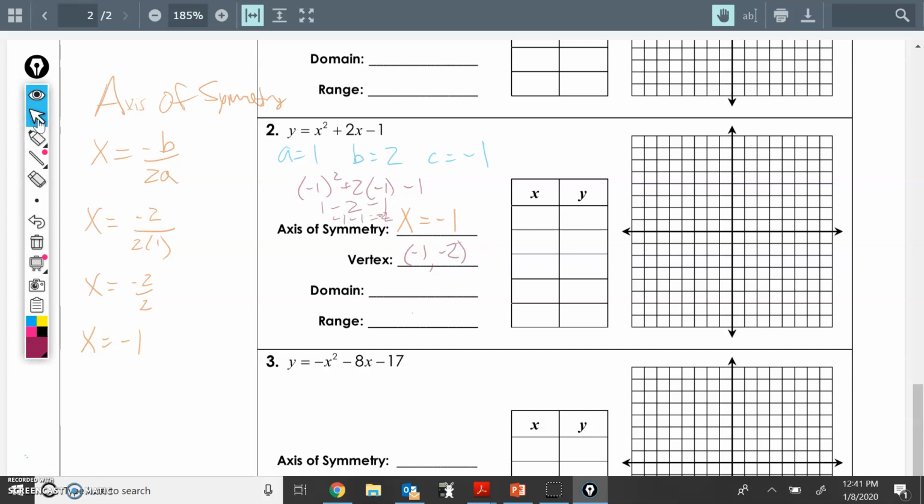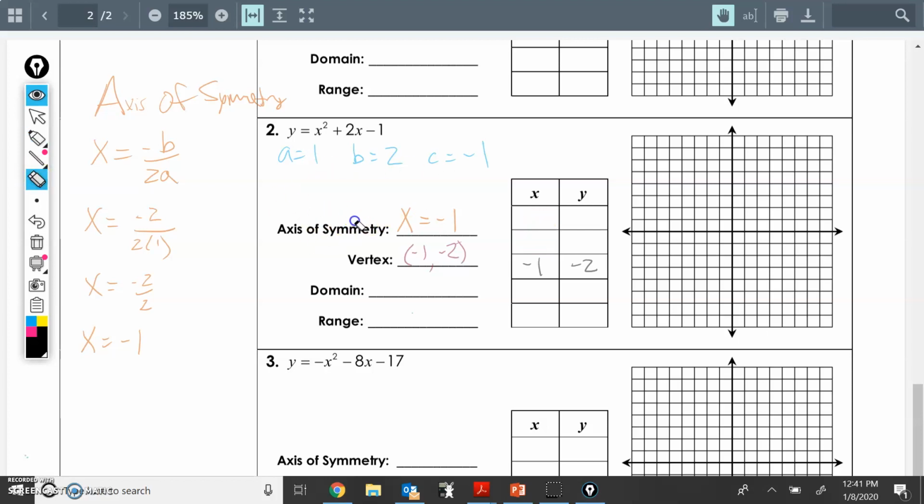Now, let's start graphing. Take my vertex and put it as the middle ordered pair on my table. The other 2 ordered pairs on either side are just going to be random x values that I want to choose. I'm going to choose nice small numbers that are easy to work with.